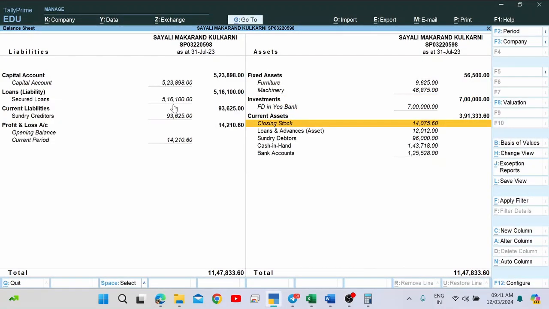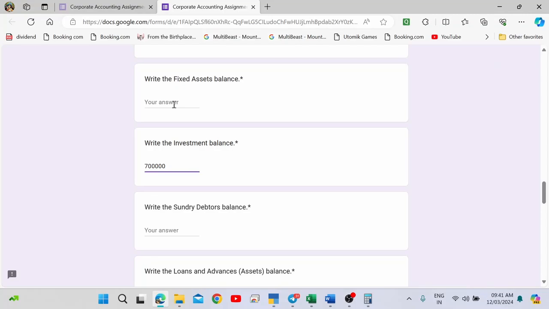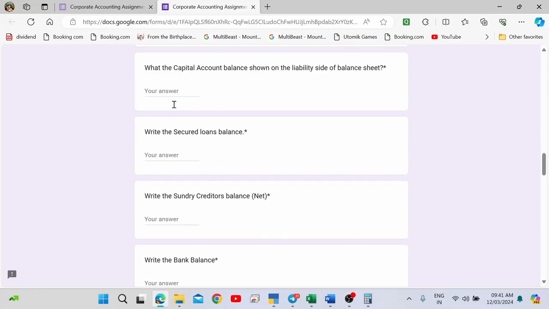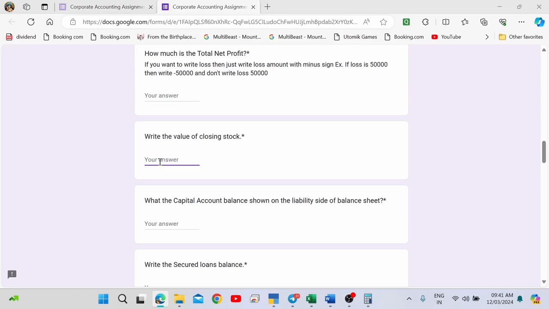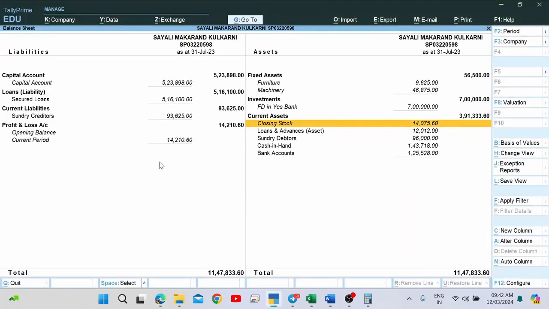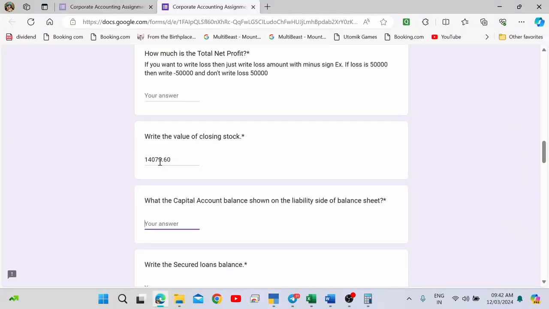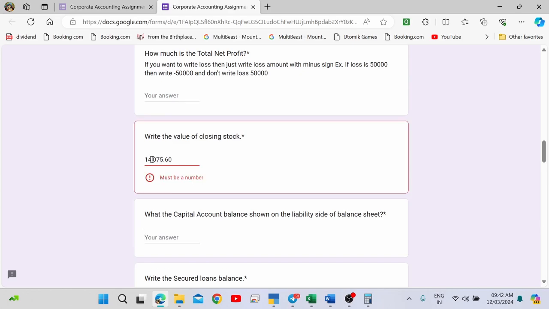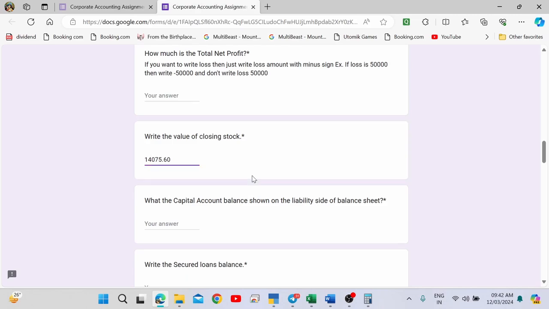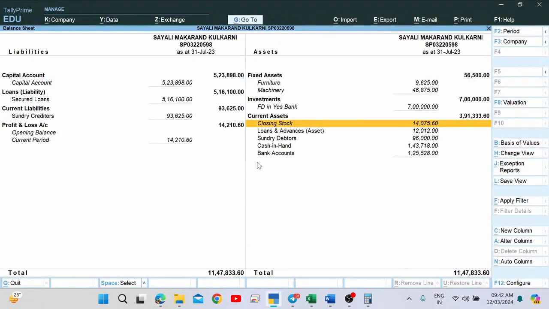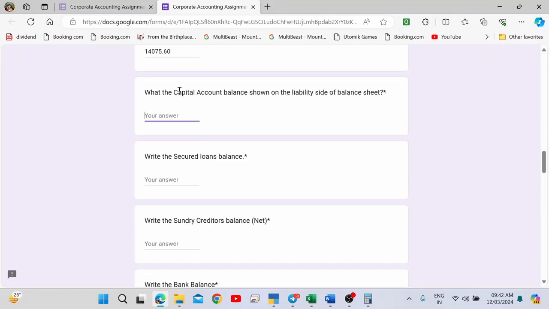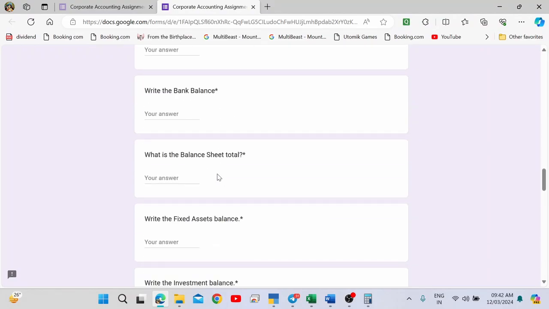If you have it in decimal, like closing stock 14,075.60, you can type 14,075.60. If you give a comma, then the Google form will not accept. Remove the comma.